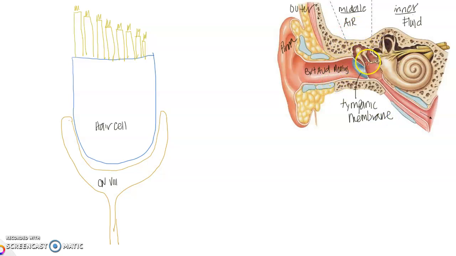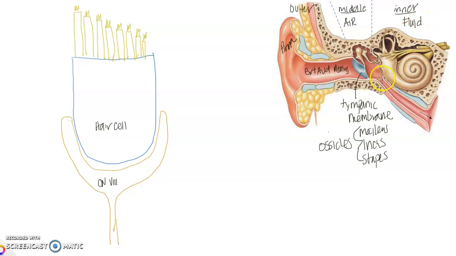These are the ossicles, the little bones within the middle ear: the malleus, incus, and the stapes, which we will talk about in a second. Those are our ossicles.